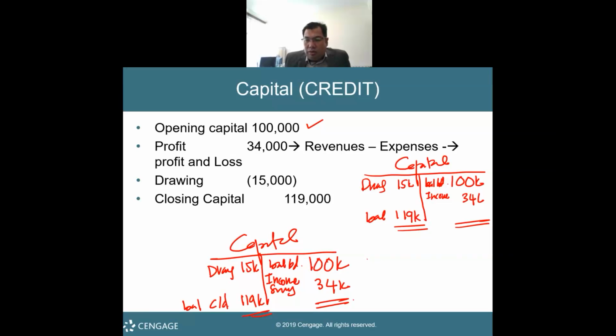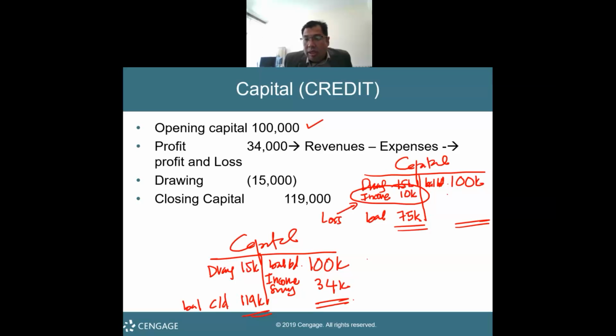If you make a loss, what will happen? The loss will be your income summary here. For example, you lost 10,000. So your capital is reduced: 100,000 minus the drawing 15,000 minus the loss 10,000. So your capital now is only 75,000.